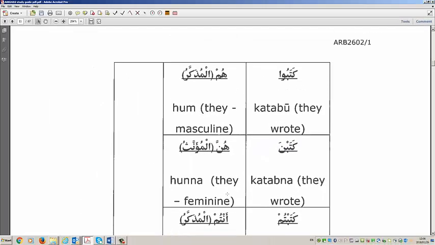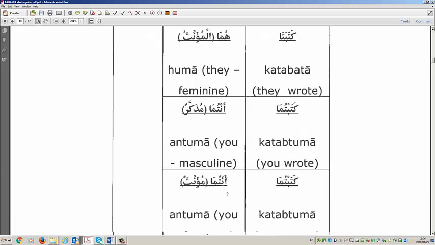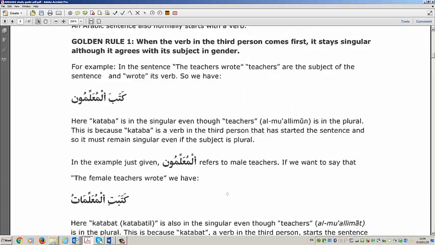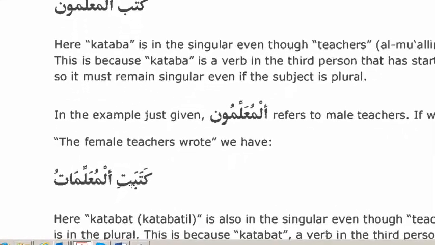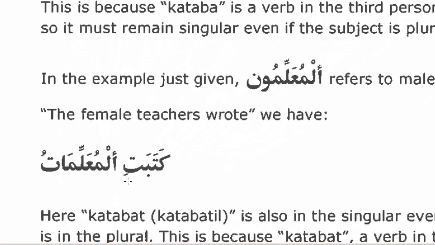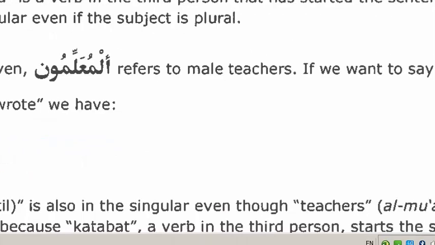But when you go back to this example, you will find that you don't have katabna, you have katabat al-mu'allimat, even though it refers to females. And the same principle applies here as it applied to the case of the male teachers. You use a singular verb, even though the subject of the sentence is plural.